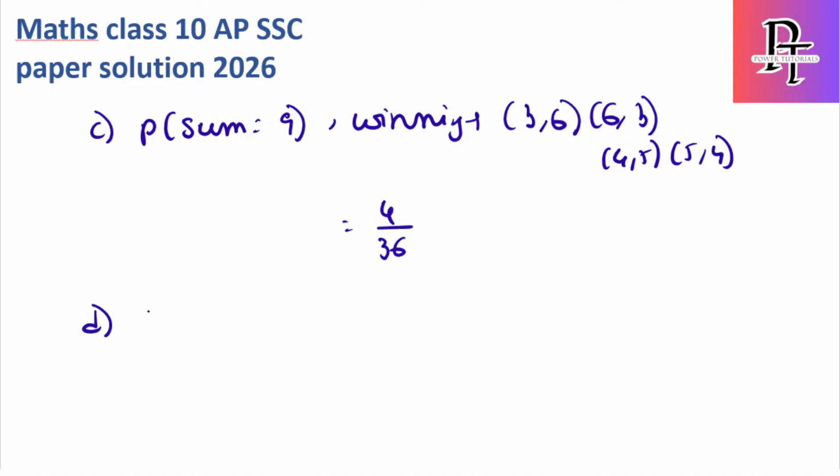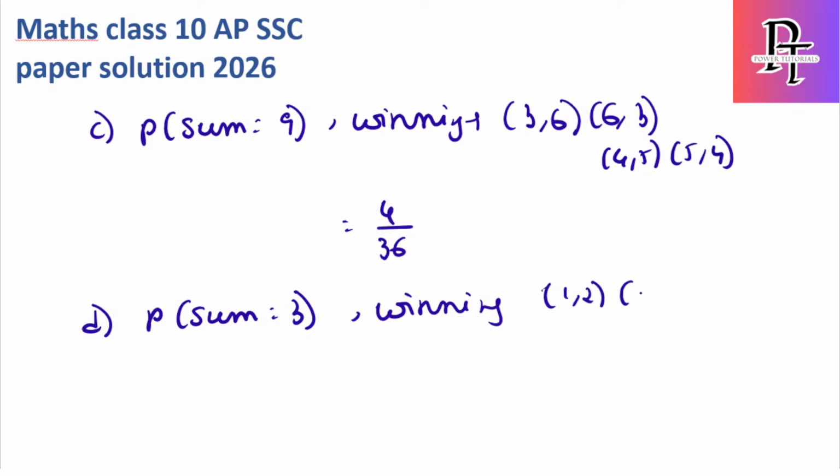Let's do the last one, P of sum is equal to 3. This is very easy because they haven't questioned like it should be the case. We can take any 4 cases. So the winning cases are 1 comma 2 and 2 comma 1, only 2 cases. Hence the answer is 2 by 36.